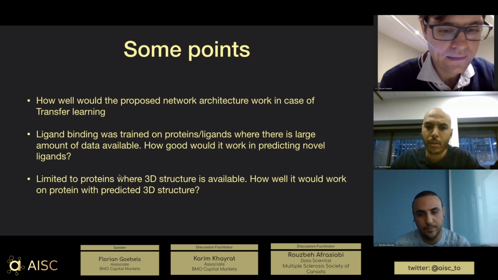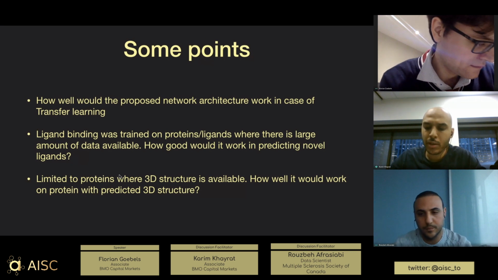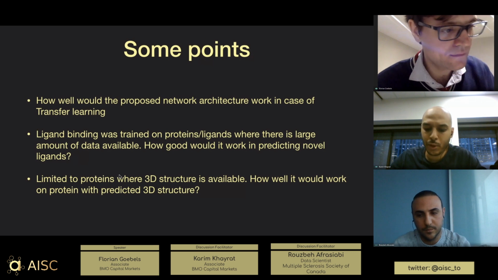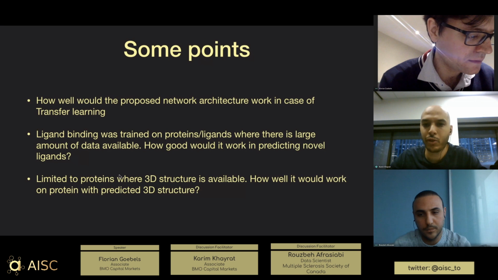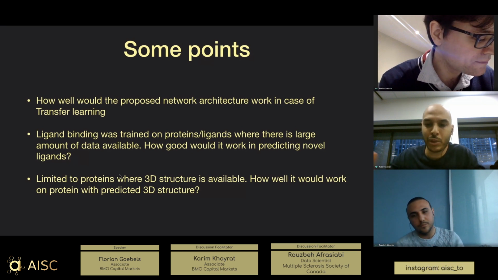Karim, what do you think? Well, I would be concerned that to use this model for transfer learning, the training data needs to be comprehensive enough to cover a large set of what you would need to do in your other applications.